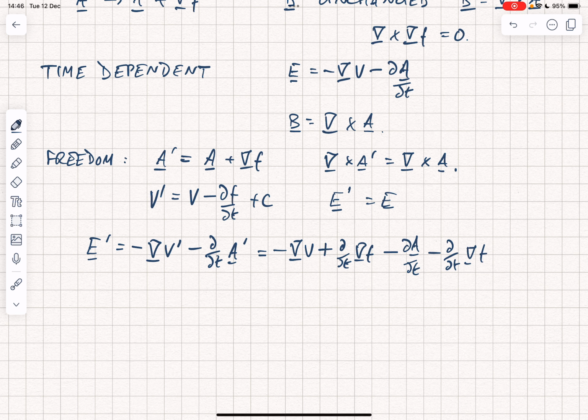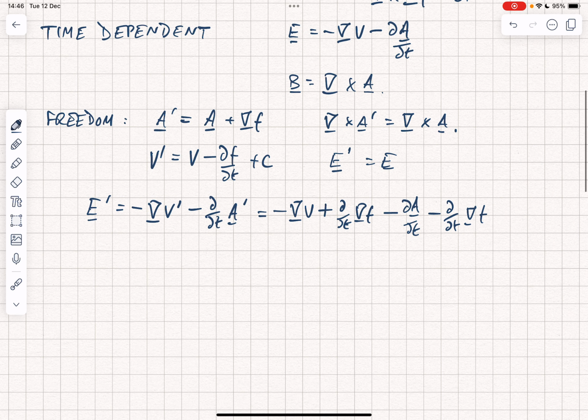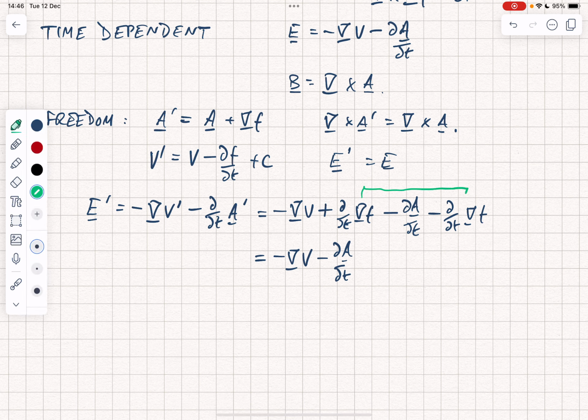And I've realised that should be a plus, because we have grad V prime, and there's a minus here and a minus there, which gives us a plus. At this point, we get minus the gradient of V minus dA by dt. These two terms cancel, and therefore this is equal to E.